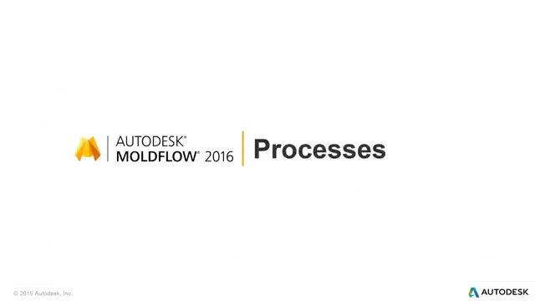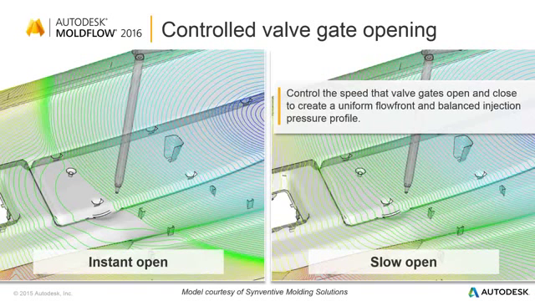So I wanted to talk a little bit about new processes that we've introduced. In prior releases, if you were using valve gates, you had two choices. You would open or close a valve gate, and the opening and closing of the valve gates would always be instantaneous.